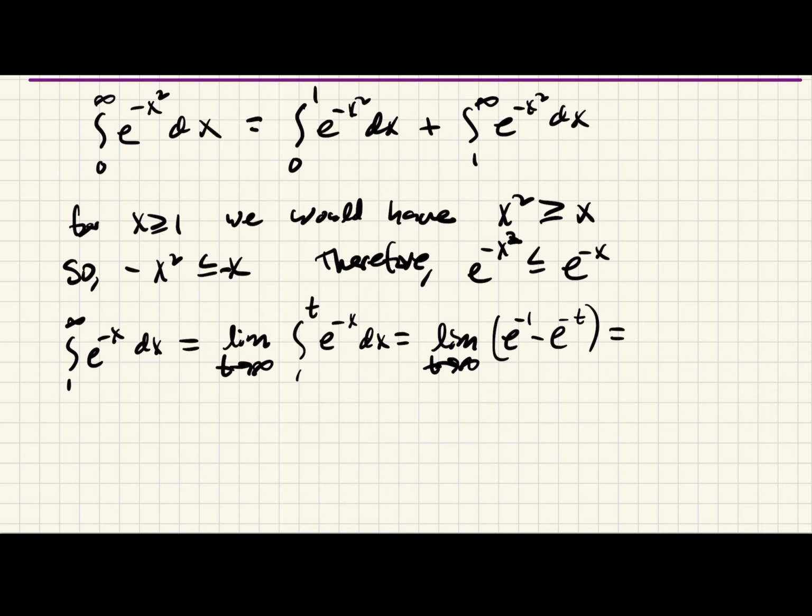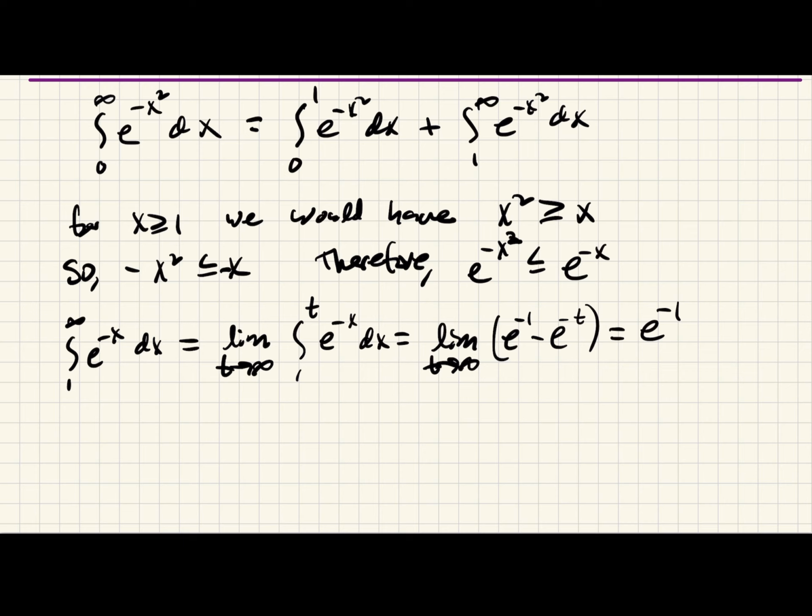Now, e to the minus t, that's 1 over e to the t. And as t goes to infinity, that's 0. So this whole thing is just e to the minus 1. That limit right there. So that integral from 1 to infinity of e to the minus x dx.